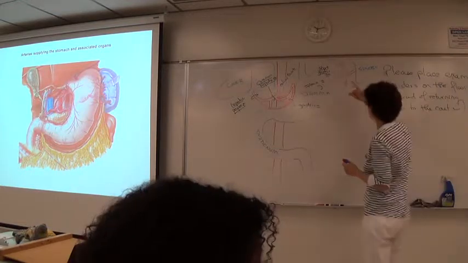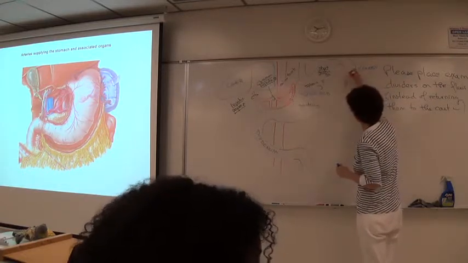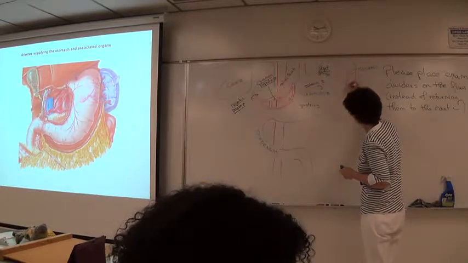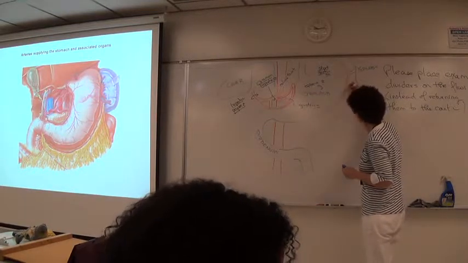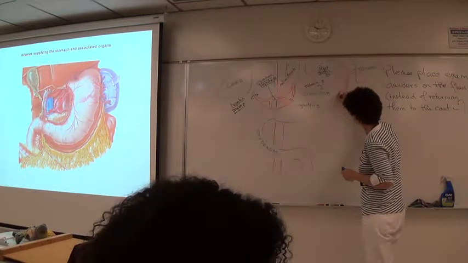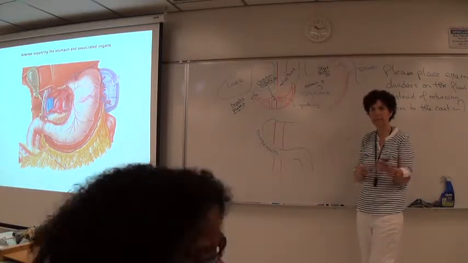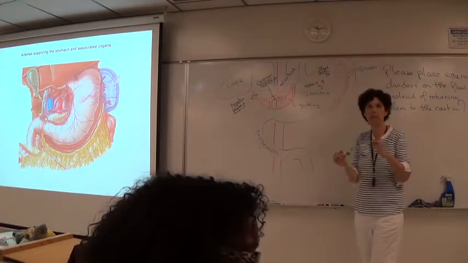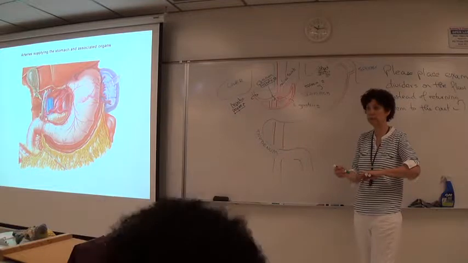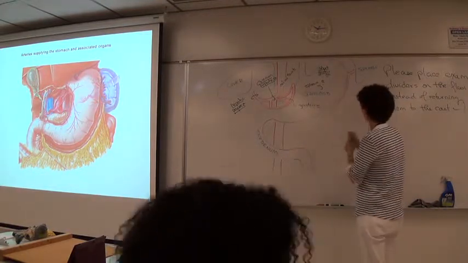Also coming off of the splenic, we have a vessel that comes down the greater curvature, kind of right within the beginning of the greater omentum, and supplying the stomach here. This has a couple of different names, gastroomental or gastroepiploic. It's in the omentum, so I'm going to call it gastroomental. Sometimes they call it gastroepiploic, but it's in the omentum, so that's easier to remember.